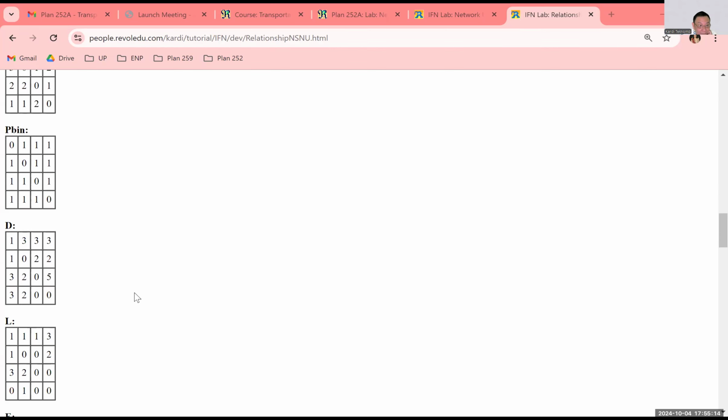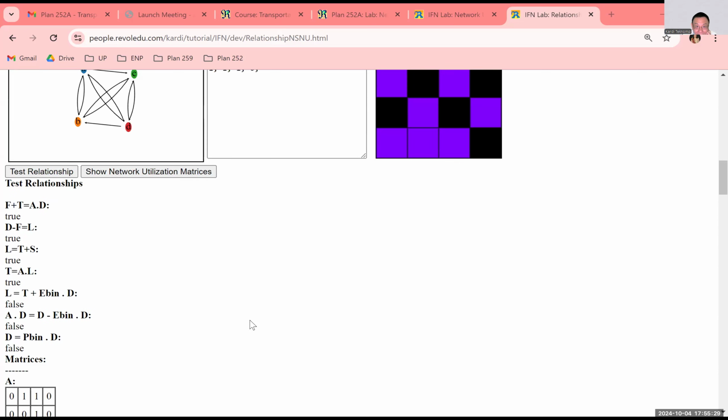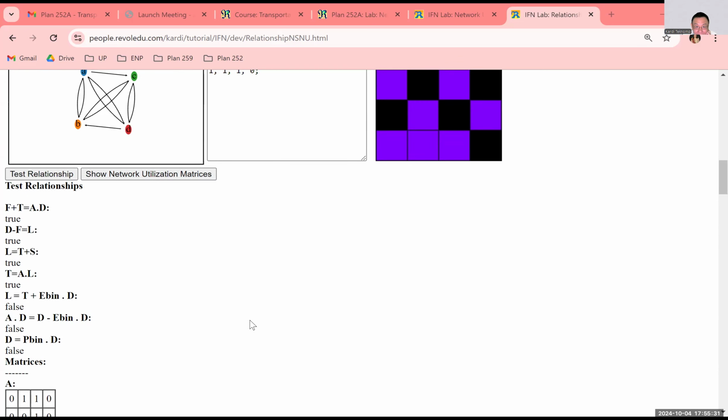But anyway, with this, now I want you to practice. You have the tools anyway, so you can practice this. Go to the slide. Can you practice the weaving section, and then you can also practice the general network.